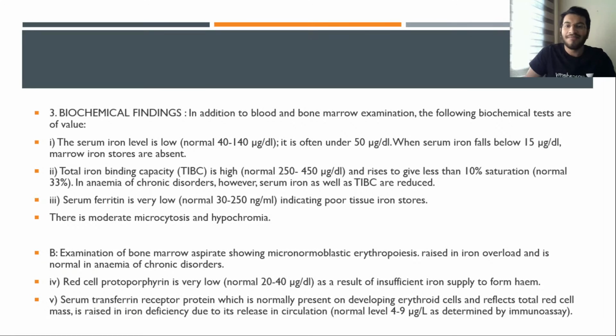Now, biochemical findings. In addition to the blood and the bone marrow examination, the following biochemical tests are of value. First is the serum iron level, which is low. Normal is 40 to 140 and it is often under 50, and when serum iron falls below 15 micrograms per deciliter, marrow iron stores are absent.